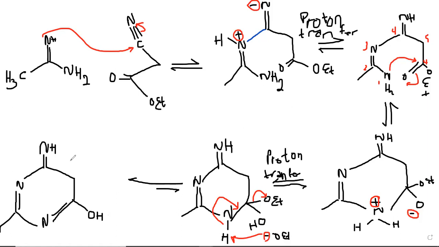Then our second last step will be this nitrogen here abstracting, let's use a different color, a hydrogen from the solution, right? So just for simplicity's sake, I'm going to use the oxonium just so we don't get too confused.